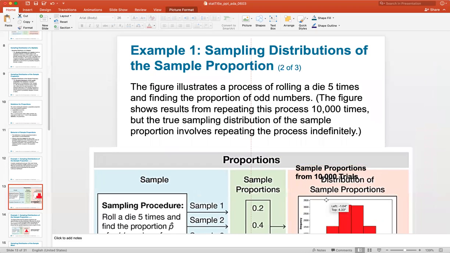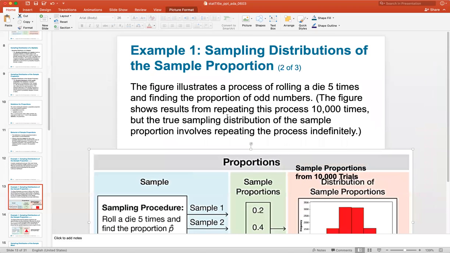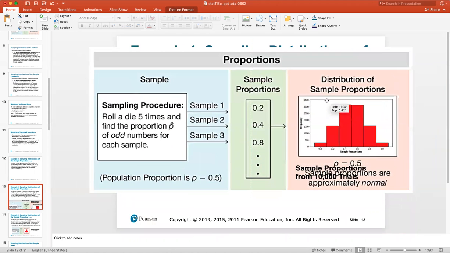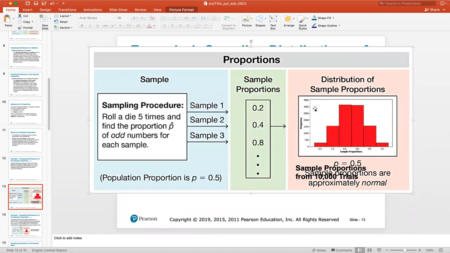This histogram is the result of repeating this process 10,000 times. Out of 10,000 experiments, more than 3,000 gave a sample proportion of 0.4, and also more than 3,000 gave a sample proportion of 0.6.